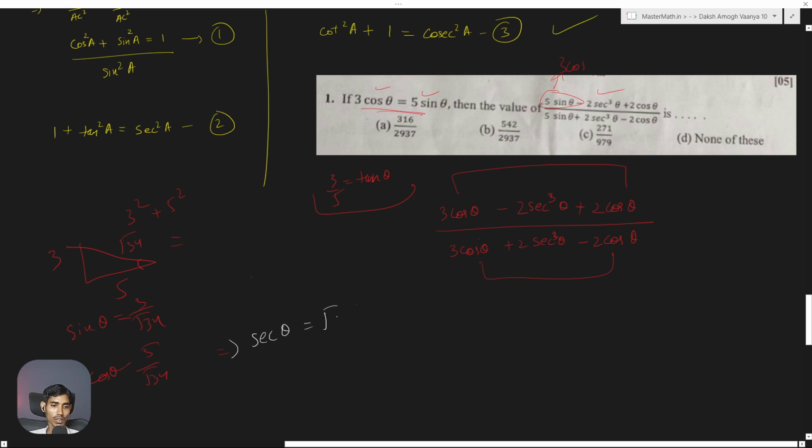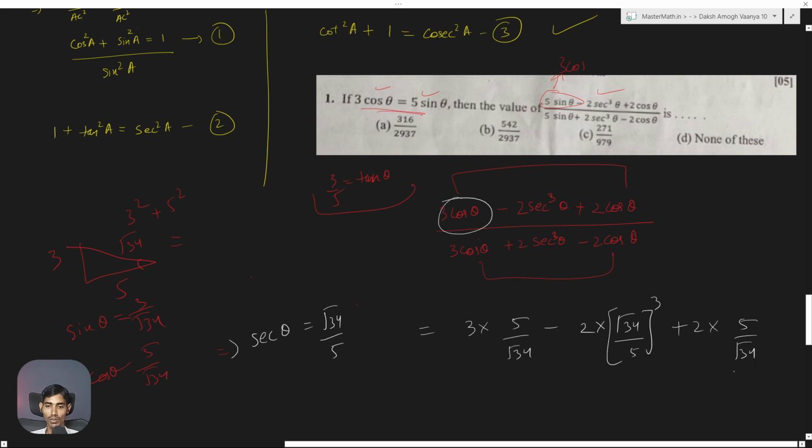Secant theta would be root 34 by 5. So let's put the values. Even this you could convert. So 3 into 5 by root 34, 2 into root 34 by 5 cube plus 2 cos is 5 by.